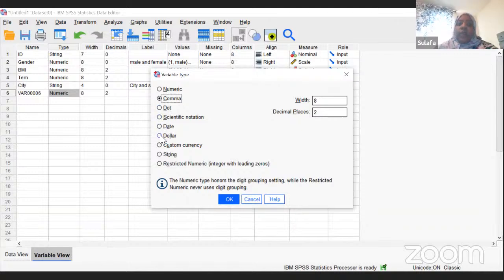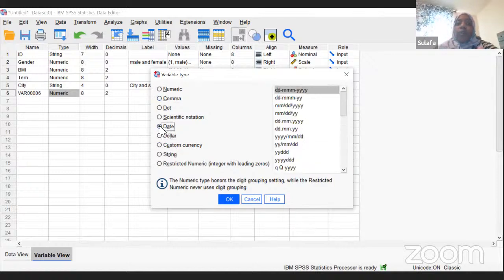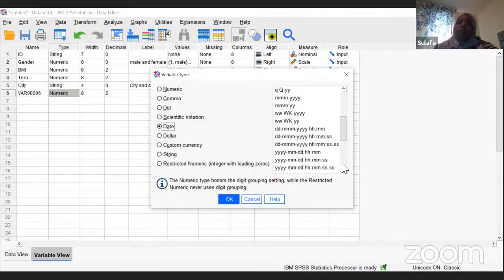You can add a dollar sign if you are writing a price or any value like that. You can also tell SPSS that this is a date, and what format you want: day, month, and year, or as here in the US, month, day, and year, or just the year and day. So you have many formats here you can use to tell SPSS what your value is.